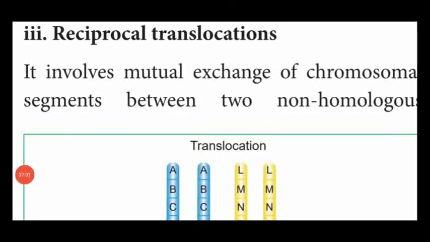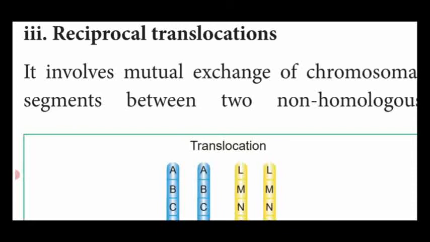Dear students, the third one is the reciprocal translocation. This translocation involves mutual exchange of chromosomal segments between non-homologous chromosomes. It is also known as illegitimate crossing over.